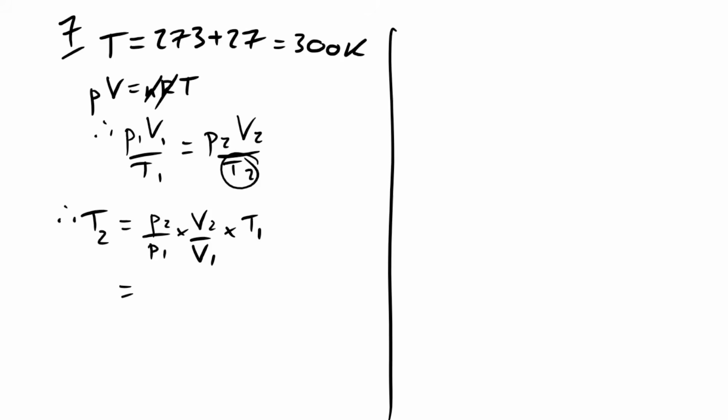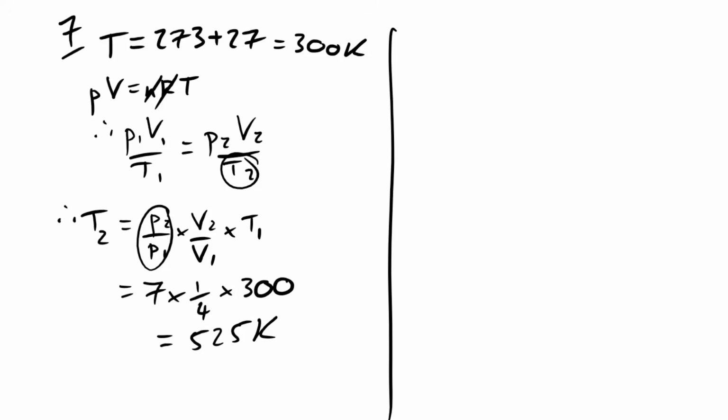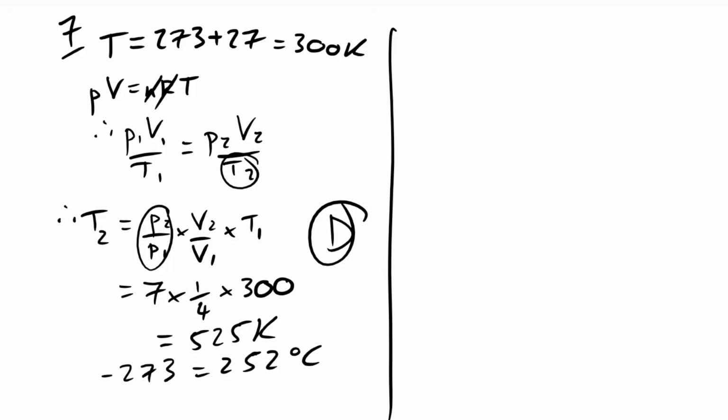So it's going up to 7 times its pressure, so that's going to be 7. It's going to 1/4 of its volume, so that's going to be times 1/4 and then times by 300. So 7 divided by 4 times by 300, and we end up with 525 Kelvin, but we want it in degrees Celsius, so take away 273, and we end up with 252 degrees Celsius. Our answer is D.